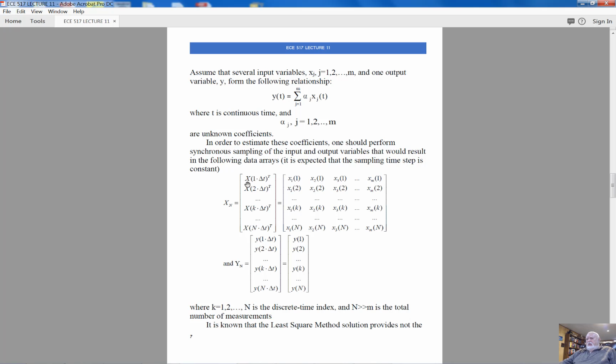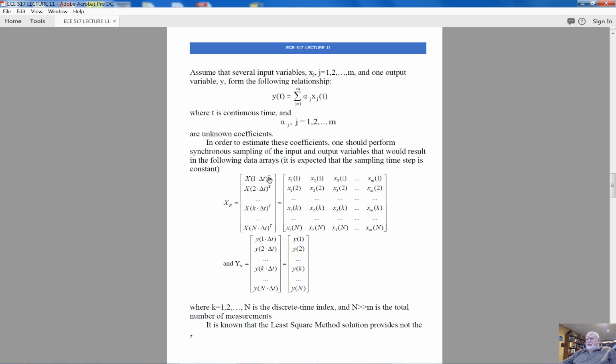So listen, what is capital X? Capital X right here is the vector that has all discretized numerical values of input variables of the process. And all these variables are recorded at time equal, let's say, 1 times delta t, 2 times delta t, and so on.